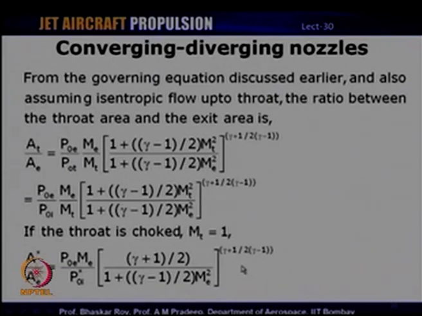So, from this we can find the critical area ratio between the throat and the exit of the nozzle, which can lead to a critical flow, that is choked flow at the exit of the nozzle. So, this is one of the expressions that one can use.